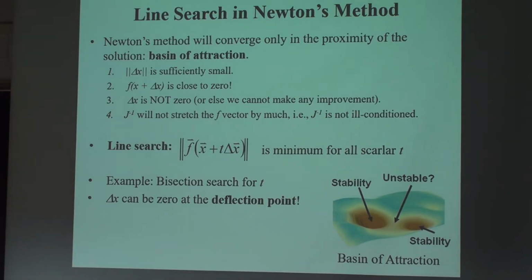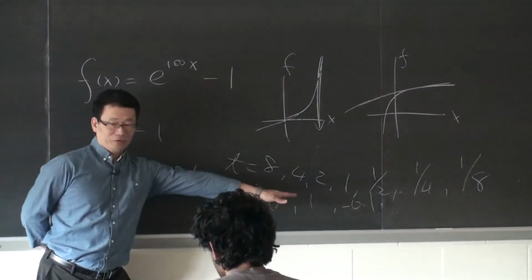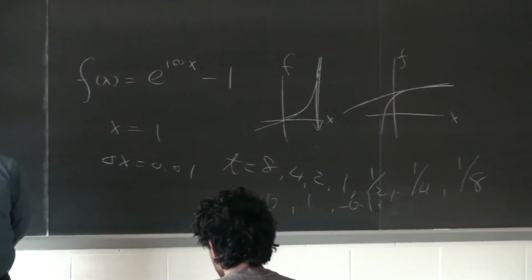So instead of adding delta x, we're adding t times delta x. Yes, that's the only thing. Line search is a single parameter search. Usually you search T a little bit more carefully, but for this practice, let's just compare 10, 1, 0.1.